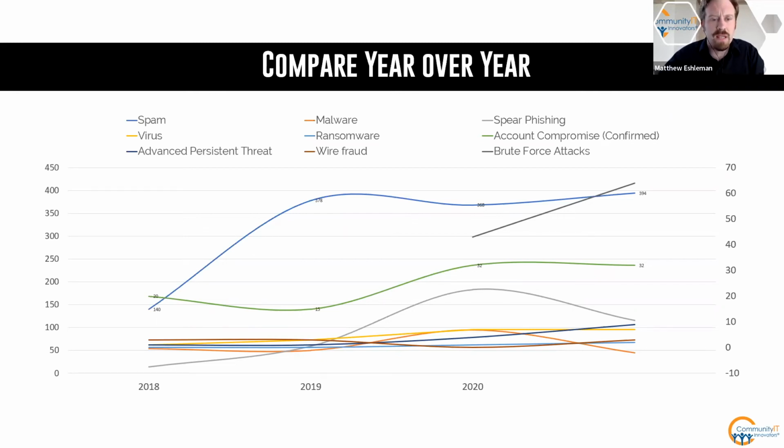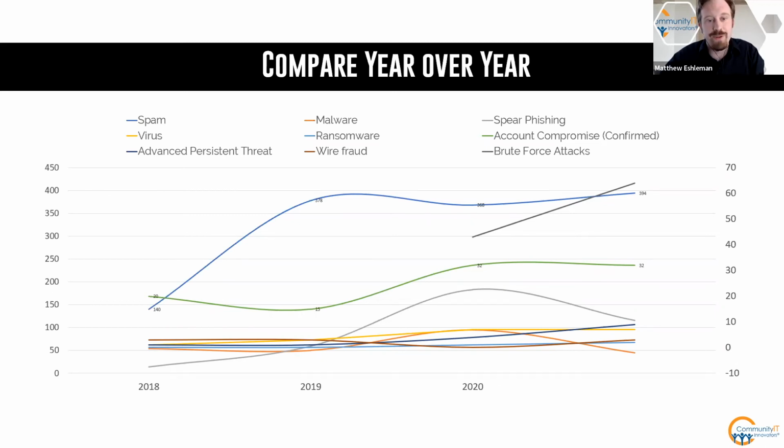And so here we can see a little bit of the trends of the various security incidents over time. I will just note that we have 2 different scales. On the right-hand side, our scale goes from 0 up to 70 incidents. And so that's where we classify issues like that brute force attack.